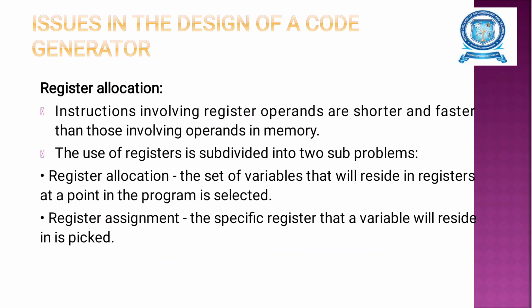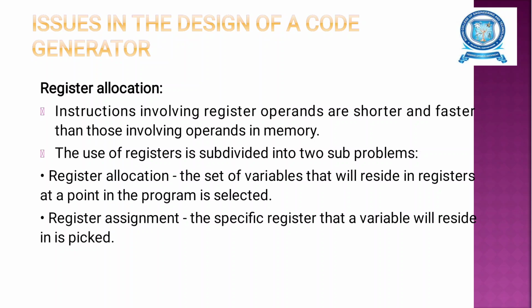Register allocation: proper register allocation also improves the code by using minimum memory space. Instructions involving register operands are shorter and faster than those involving operands in memory. The use of registers is subdivided into 2 subproblems. Register allocation: the set of variables that will reside in registers at a point in a program is selected.